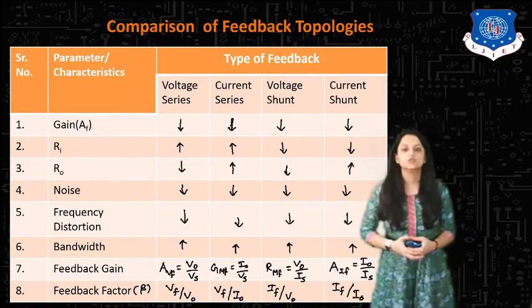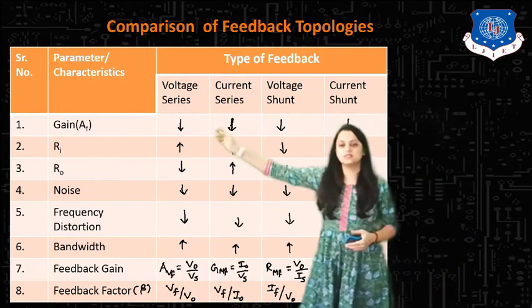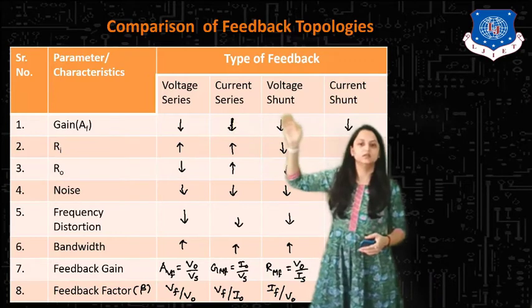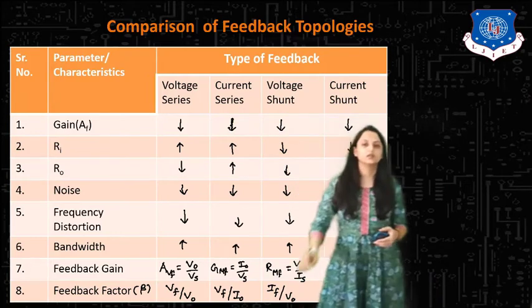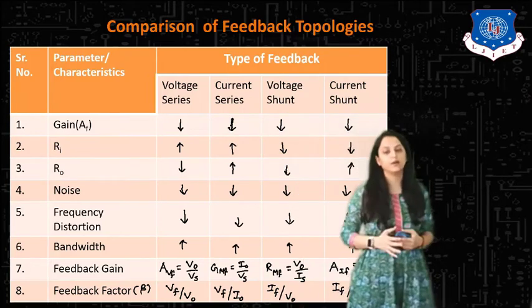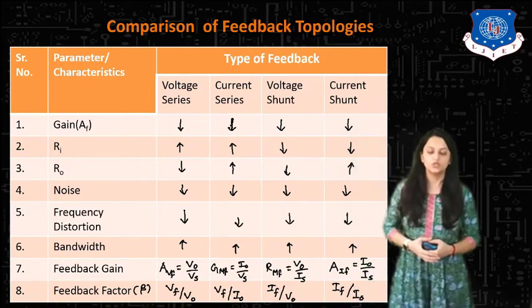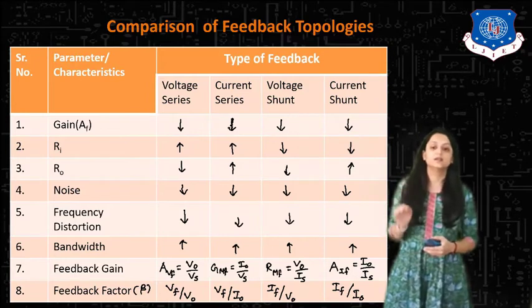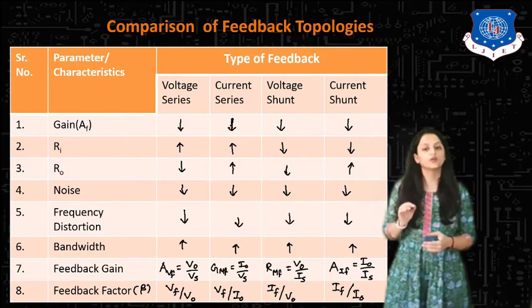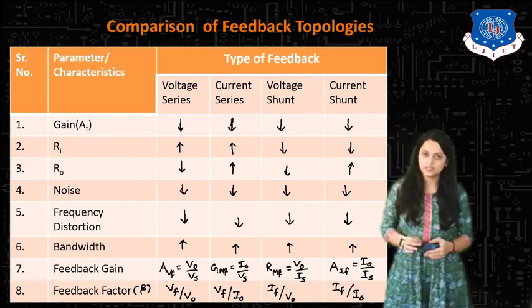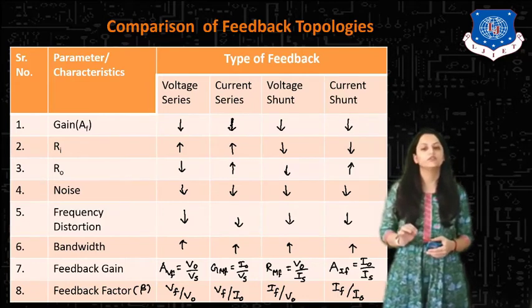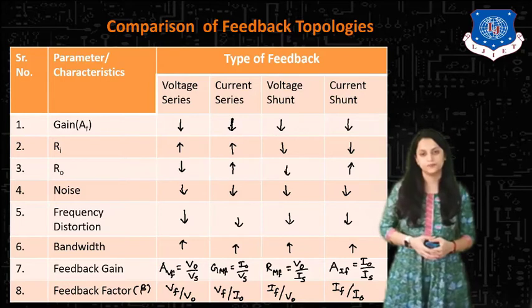So here the first parameter is the gain. We are going to see the effect on gain in different types of feedback topologies. For voltage series it decreases. For current series it decreases also. For voltage shunt it also decreases, and for current shunt it also decreases.